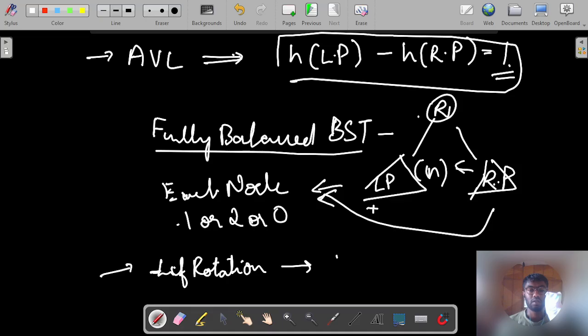And similarly we can also have a right rotation if the height of the right is one greater or two greater than the left portion, and to balance it and make the AVL tree we can have a right rotation.